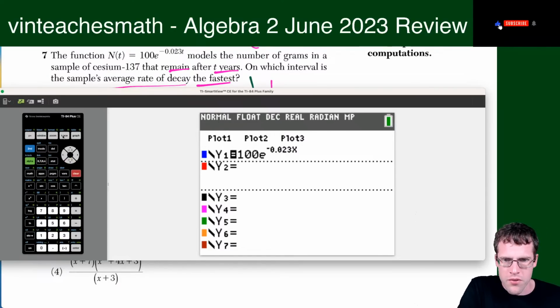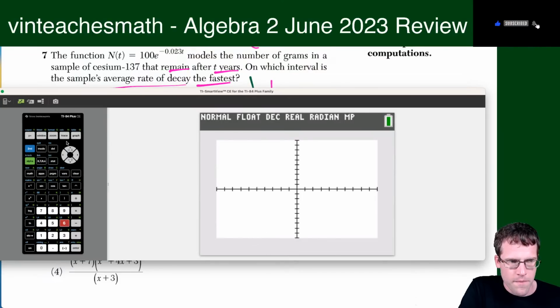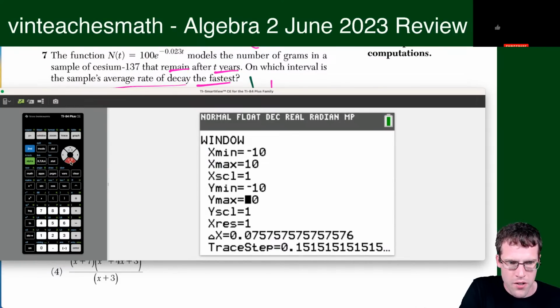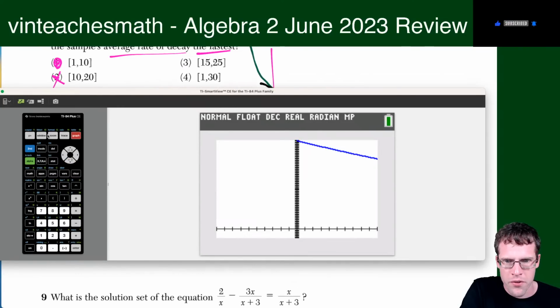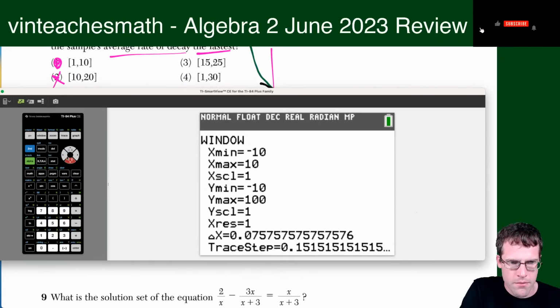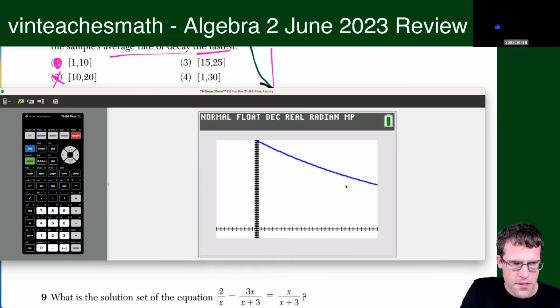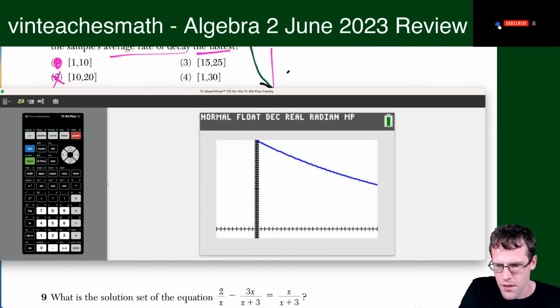Then you press graph, and you're like, oh no, I don't see anything. That's because we're starting at 100. So our initial value is 100, so make the y maximum really high. You see how it's going out to a maximum of 30. So make your x maximum go out to 30, and you'll be able to see what's happening here. See? So that gives you the picture.